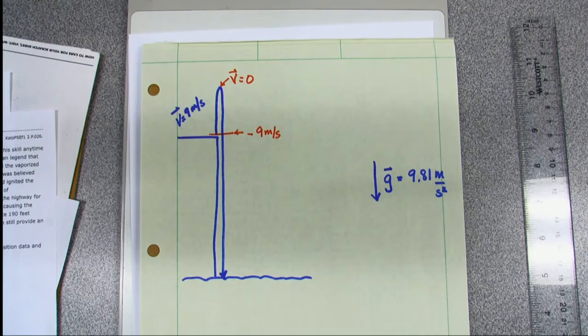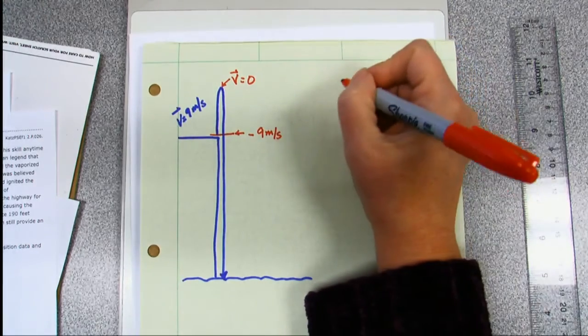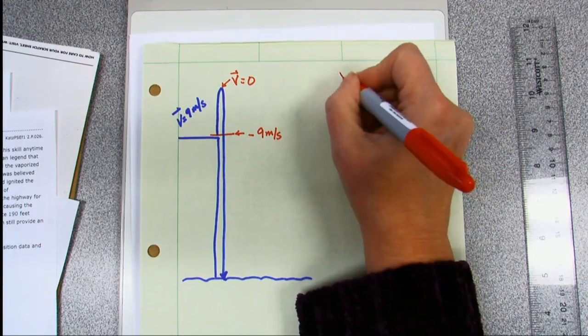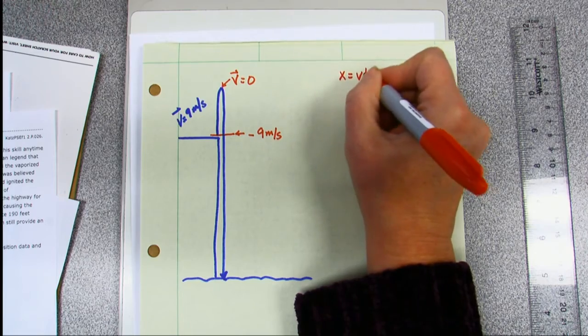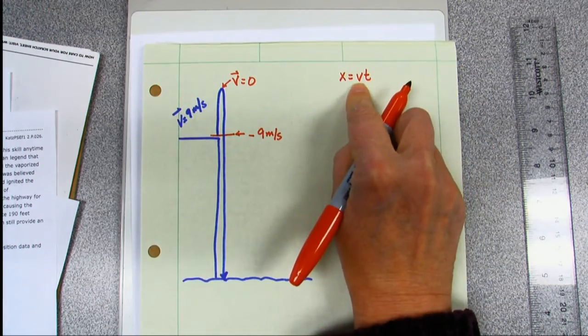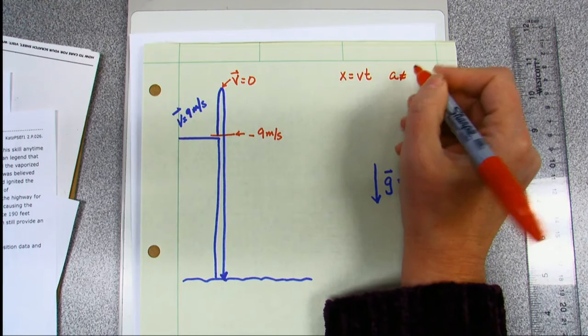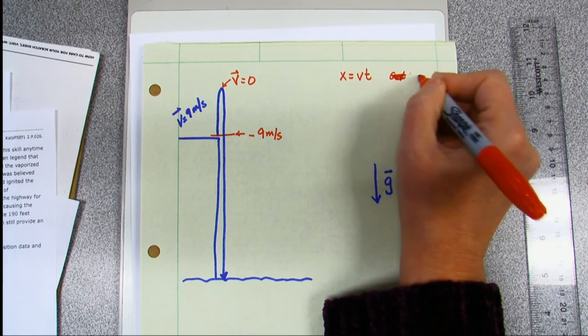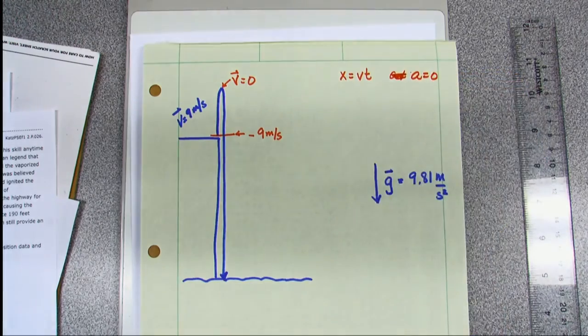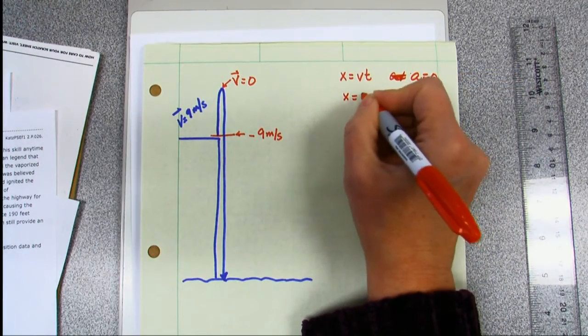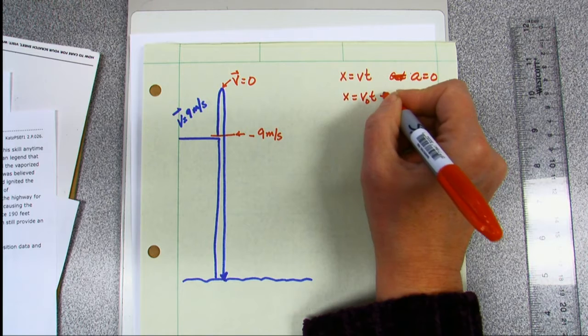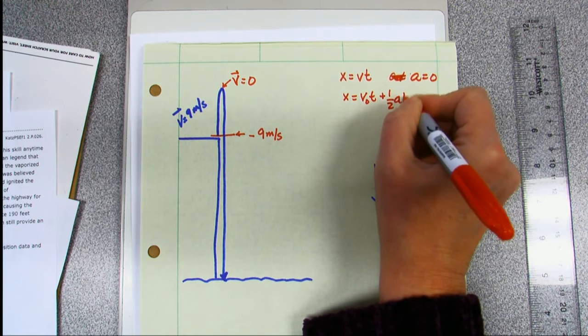Okay? So we have our 3 equations that we use. We've got x is equal to vt, when acceleration is equal to 0. When acceleration is not equal to 0, we have this one.